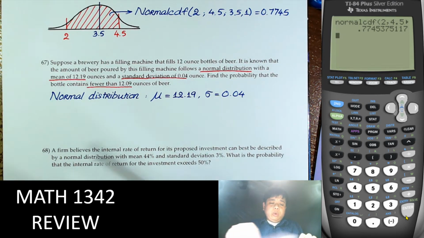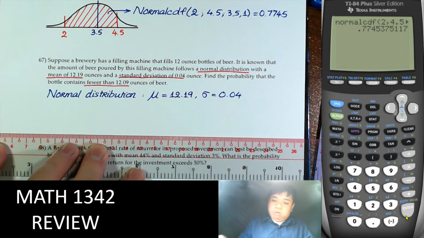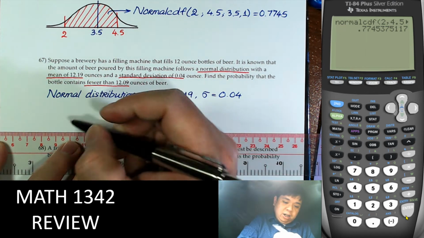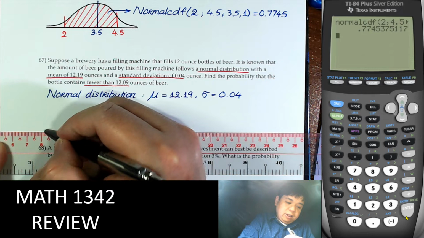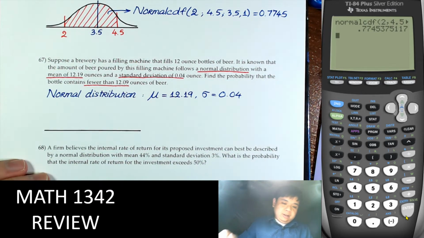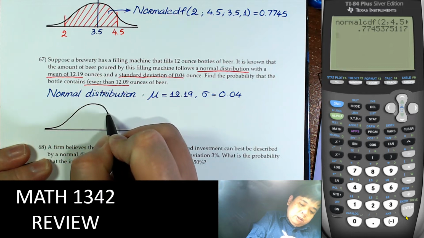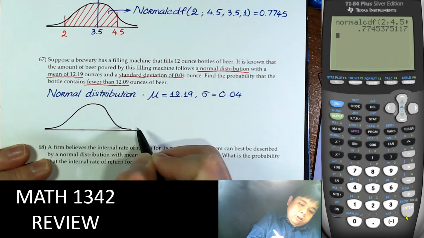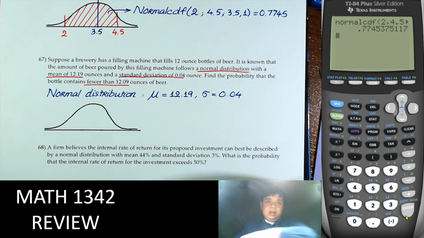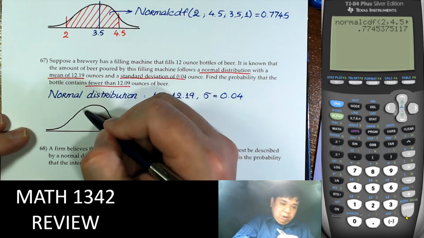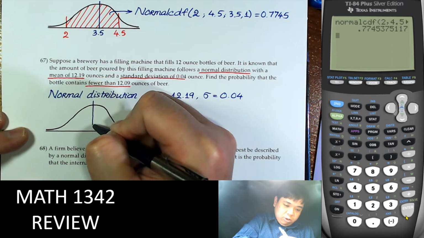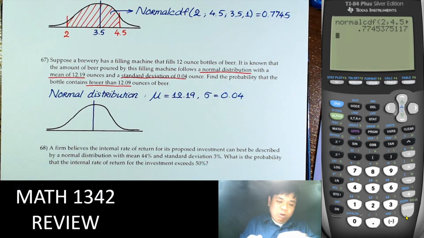Right, so we know it is a normal distribution, so we can draw a normal curve. Of course, try to draw it as symmetric as possible. I didn't do a very good job there.